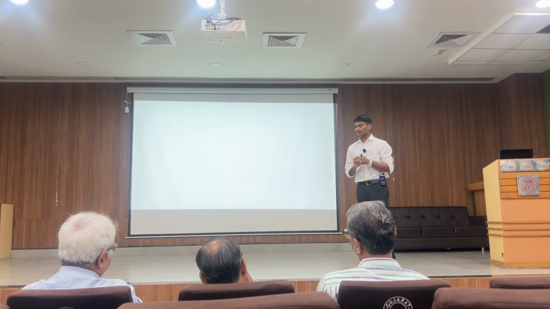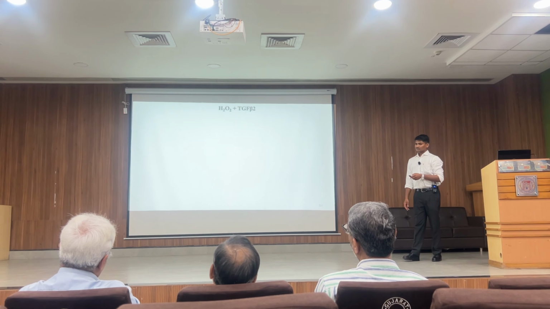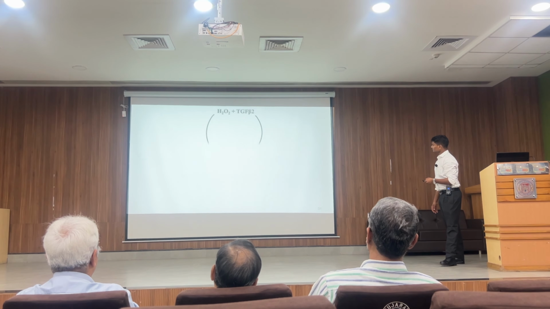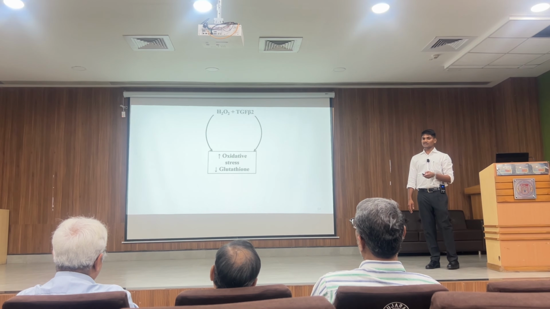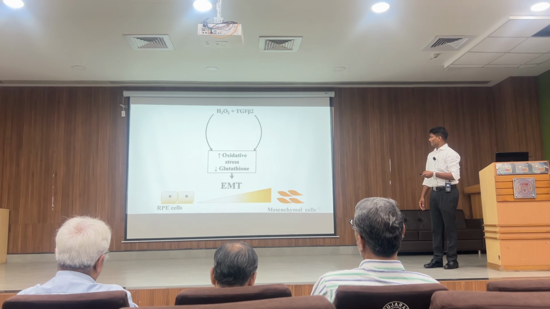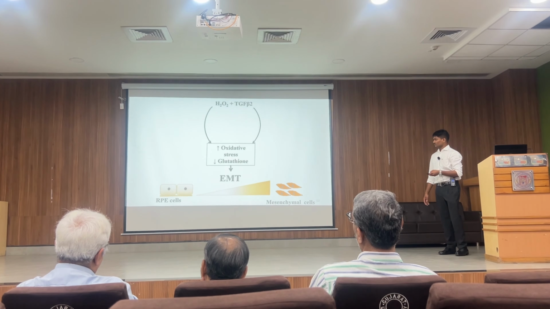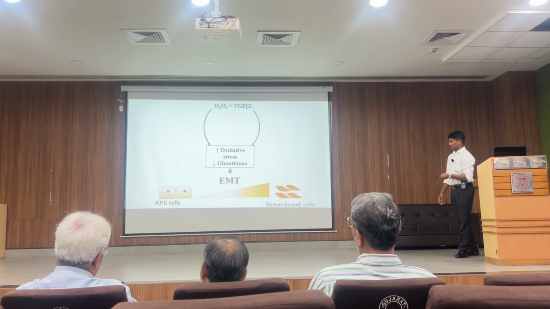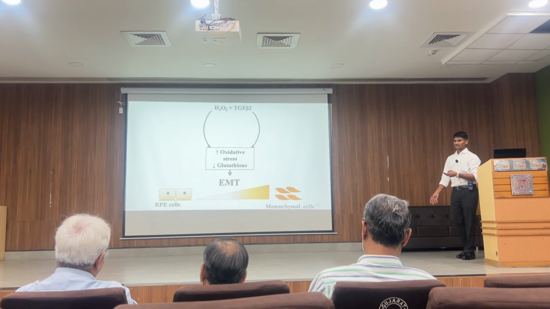Definitely, sir. Thank you. Thus, we may conclude that when treatment of H2O2 and TGF-beta is given, an oxidative stress condition results, and reduced glutathione can be seen. It means that due to oxidative stress, the normal retinal pigment epithelial cells are converted into mesenchymal cells due to EMT, and as we have discussed, various factors are involved in the EMT of retinal pigment epithelial cells.